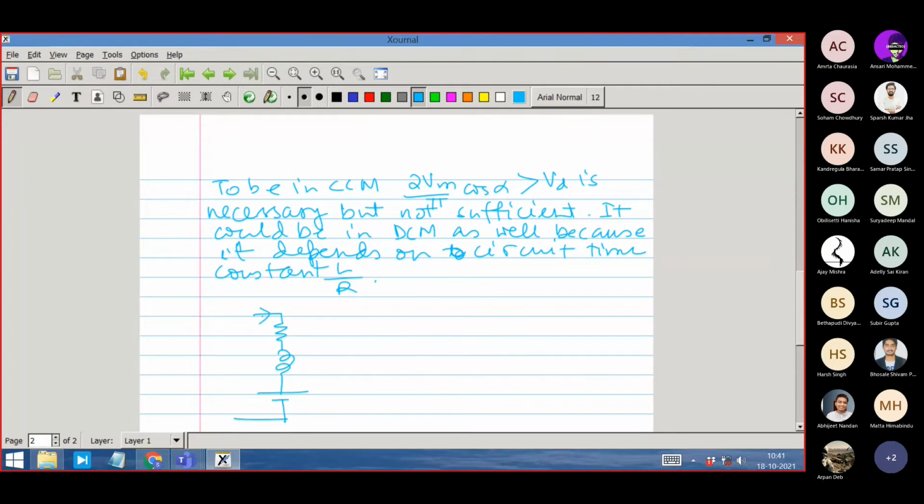Let us say I am writing the duration. This is ID, when the current is there, when ID is greater than 0. So then what is the voltage here? The voltage is VAC. I am talking about the positive cycle only, which means when TH1 and TH4 are conducting.